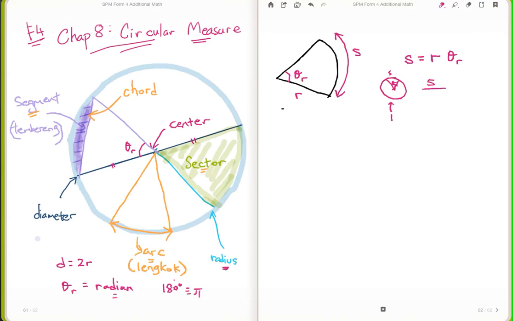This is called the lilitan in BM, which is 2 pi r, is equivalent to theta radian over the whole circle, which takes the angle of 2 pi. Then you bring it up and rearrange them. That's how you come across this equation.